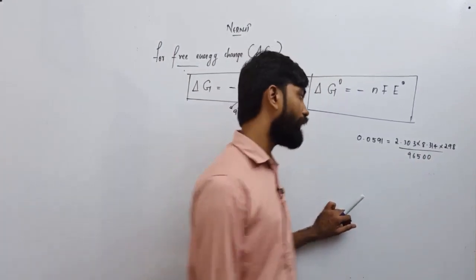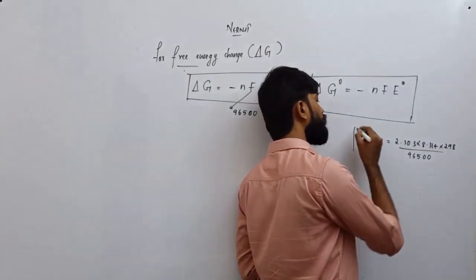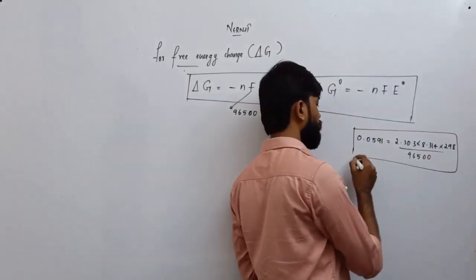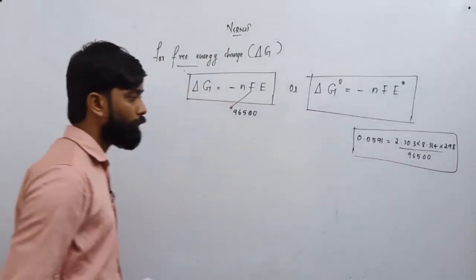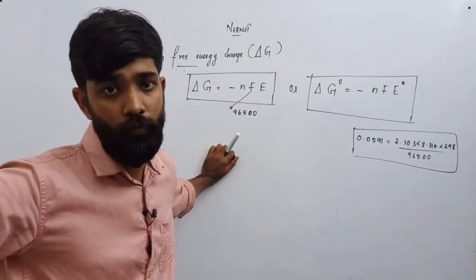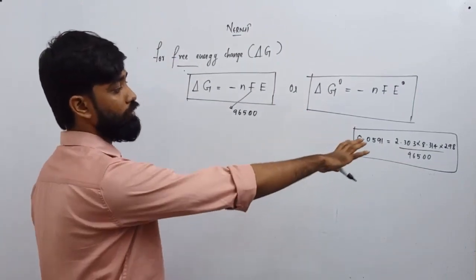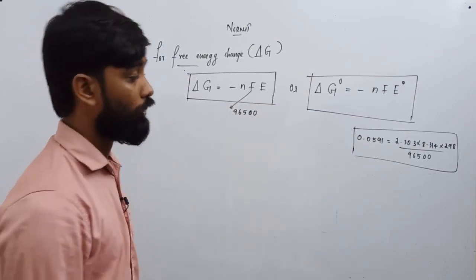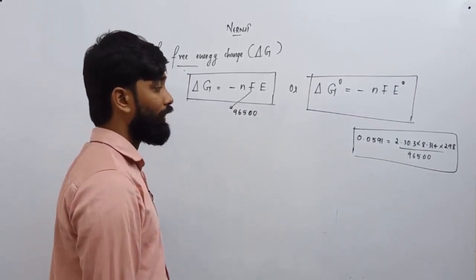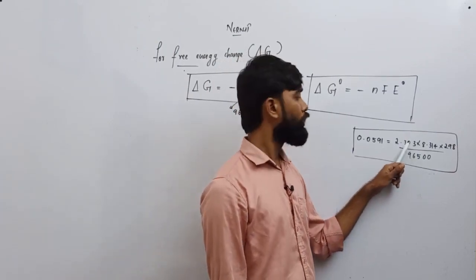By multiplying and dividing these numbers, you obtain the value 0.0591. So simply remember it. The constant 0.0591 used in the Nernst equation is derived from the multiplication and division of all these values: 2.303, 8.314, 298 and 96500. And I think you know that 96500 is the Faraday constant.